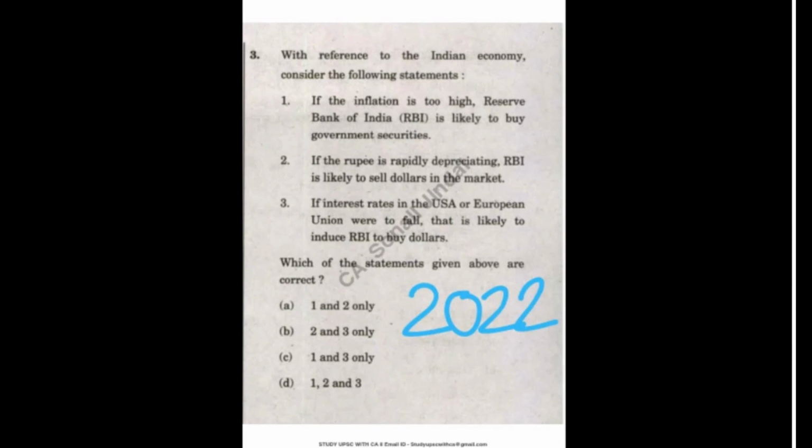This is a 2022 question. Here just read the first statement. If the inflation is too high, RBI is likely to buy government securities. Let's discuss. If RBI is buying the government securities, what does it mean? People are giving the money to the RBI.